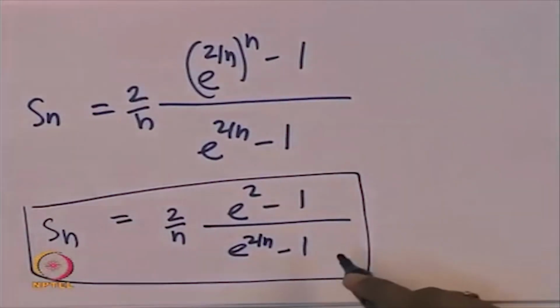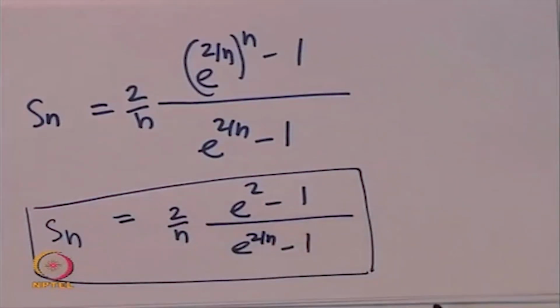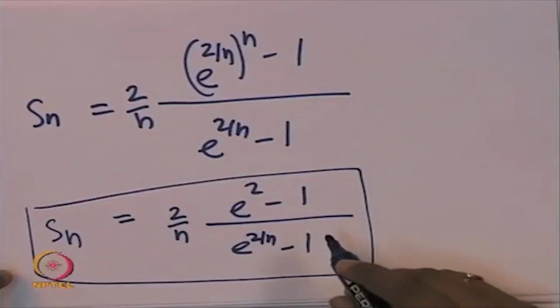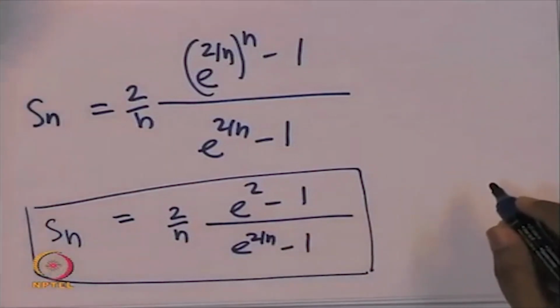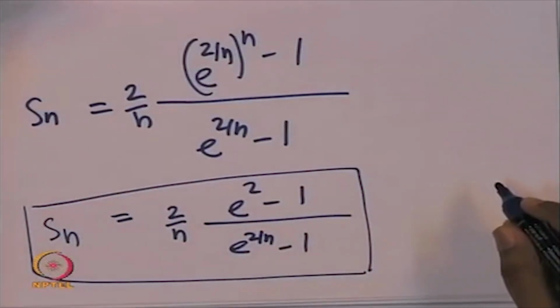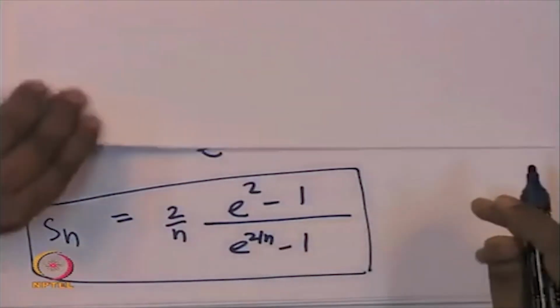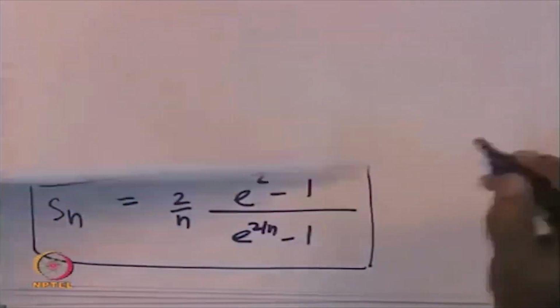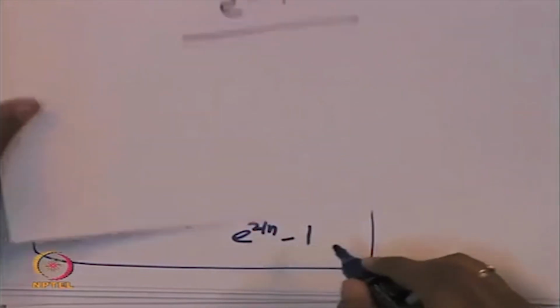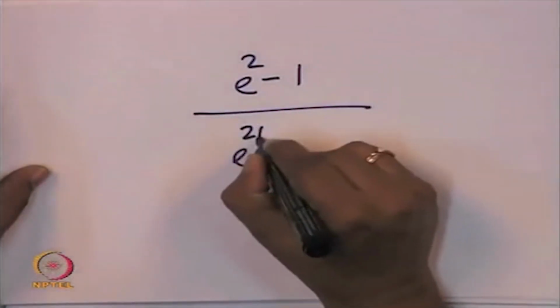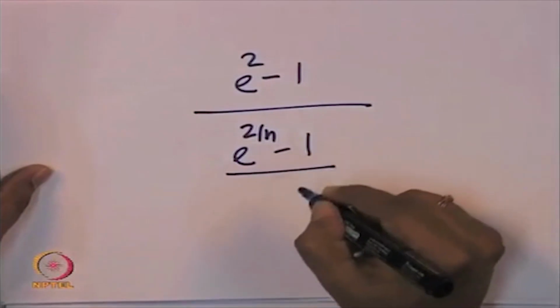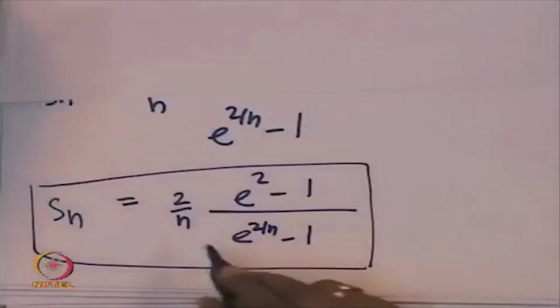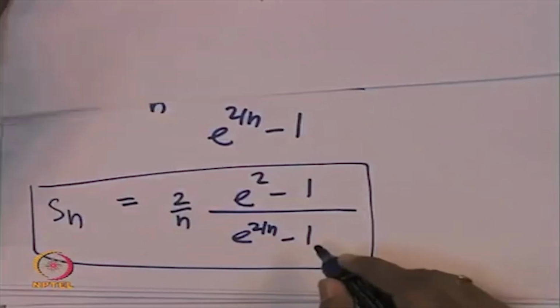Now we have to see what happens when n goes to infinity. Let me rewrite the whole thing in a slightly different way: e square minus 1, times 2 by n divided by e power 2 by n minus 1.